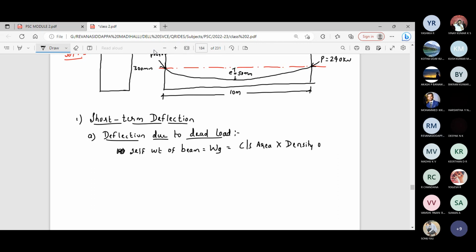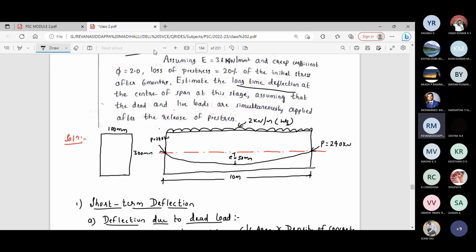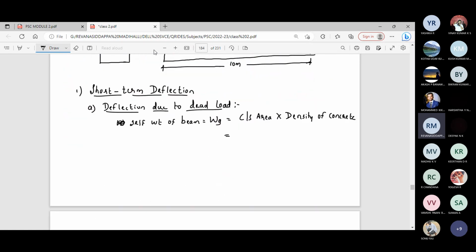Cross-sectional area is given as 100 mm by 300 mm. In terms of meter, it is 0.1 into 0.3 into 24 kilonewton per meter cube, the density of the concrete. If you do that, the intensity of the dead load is 0.72 kilonewton per meter, which is equal to 0.72 Newton per millimeter.